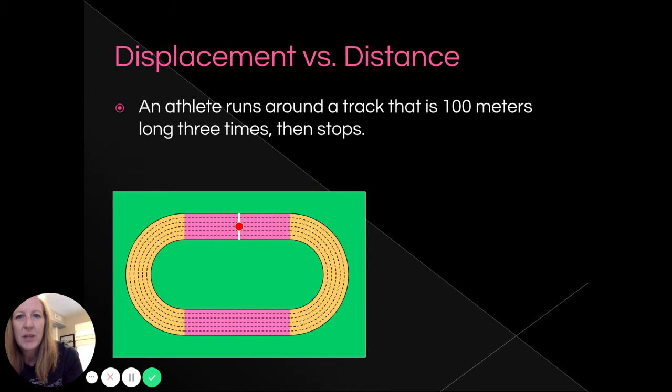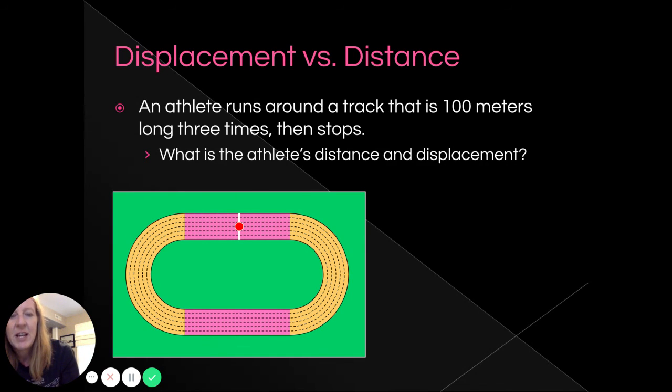Distance and displacement. An athlete runs around a track that's 100 meters long 3 times and then stops. What's the athlete's distance and displacement? He went around 3 times. So that distance, 100, 200, 300. The distance is 300 meters.